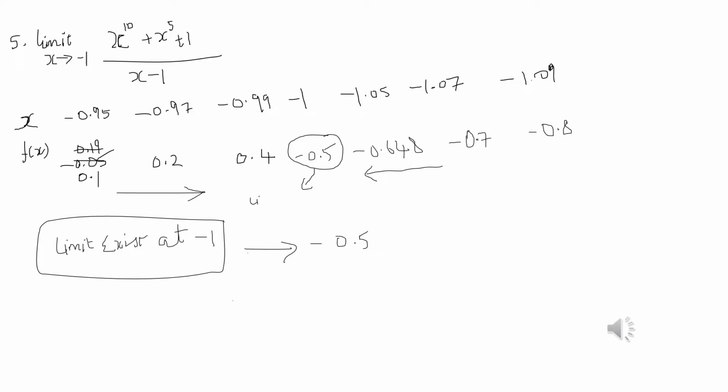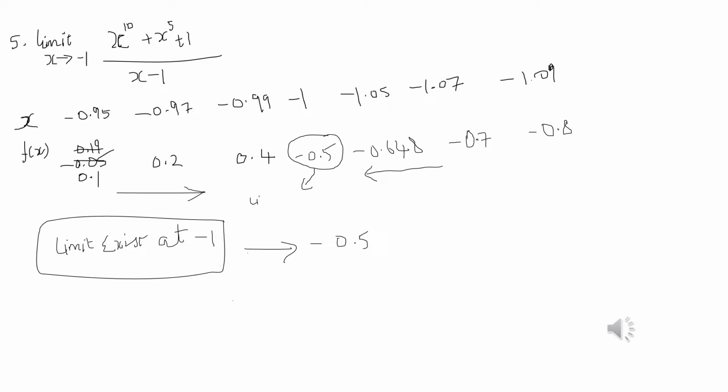Question number 5. When x approaches minus 1, the given function is x to the power of 10 plus x to the power of 5 plus 1 divided by x minus 1. Here also I gave some random values for the negative limit as well as the positive limit. For the negative limit, I chose random values from minus 0.95 to minus 0.99, and the positive limits from minus 0.05 to minus 1.09.